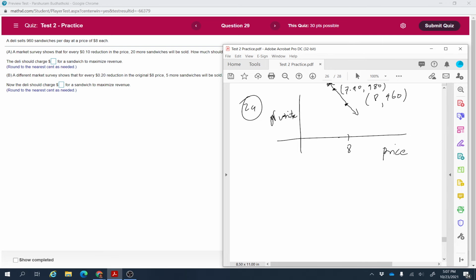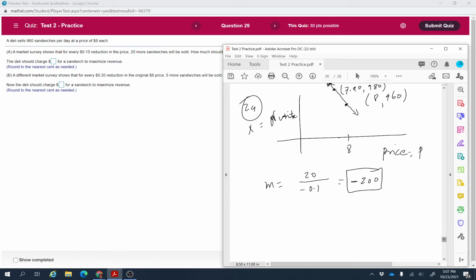So let's say the price is P and the number sold is X. From this we can find the slope, and from this we can find the relation between price and number sold. What is the slope? Let m be the slope: the difference in the y coordinate, which is 20, over the difference in the x coordinate, which is negative 0.10. So that is negative 200.